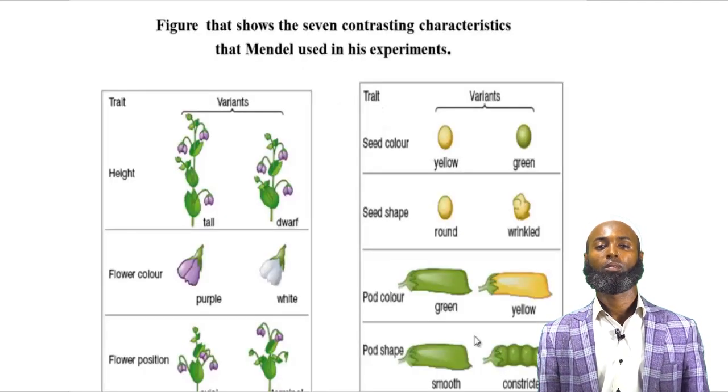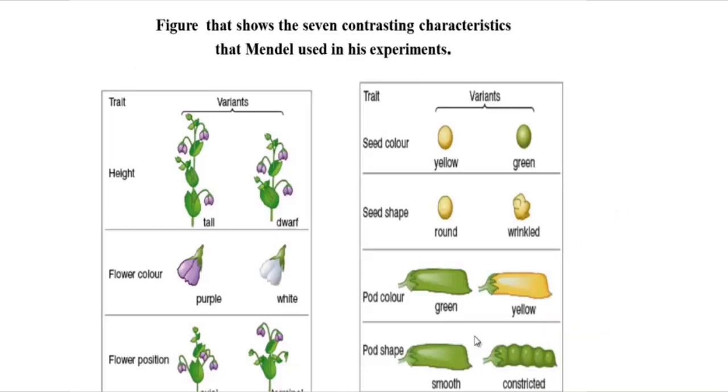He took 7 contrasting characteristics or traits. The first one was height or stem height. This could be either tall or dwarf. So you can see these 7 characteristics: flower color, flower position, seed color, seed shape, pod color, and pod shape.